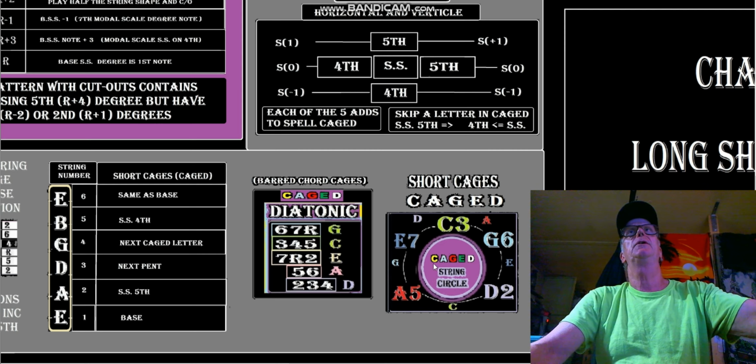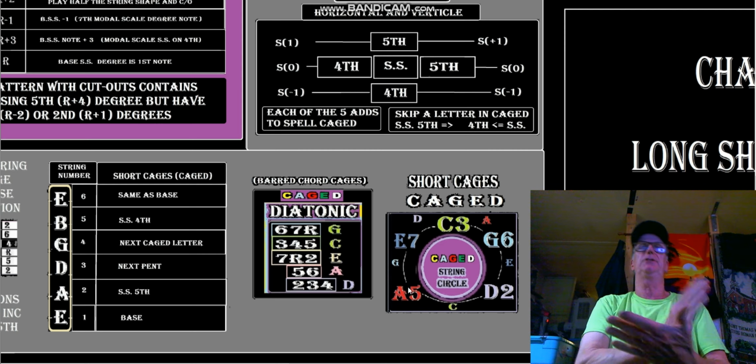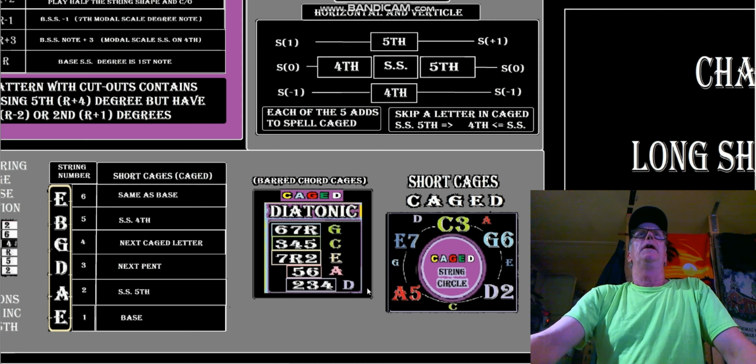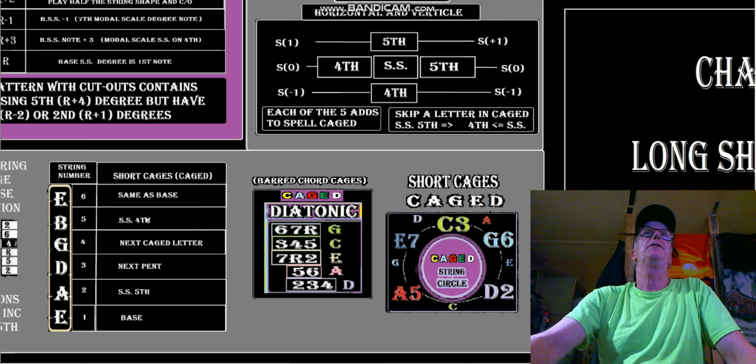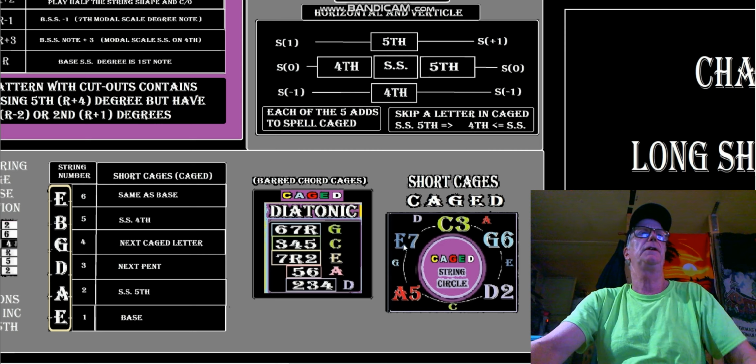So it's C goes to A. All right, that's in the word CAGED: C, A, G, E, D. What happens with the 5th string? The 5th string is the 4th string shape, so it's just C goes to E, because it's a circle of 5ths and string shapes, backwards circle of 4ths. The 4th of C is E.